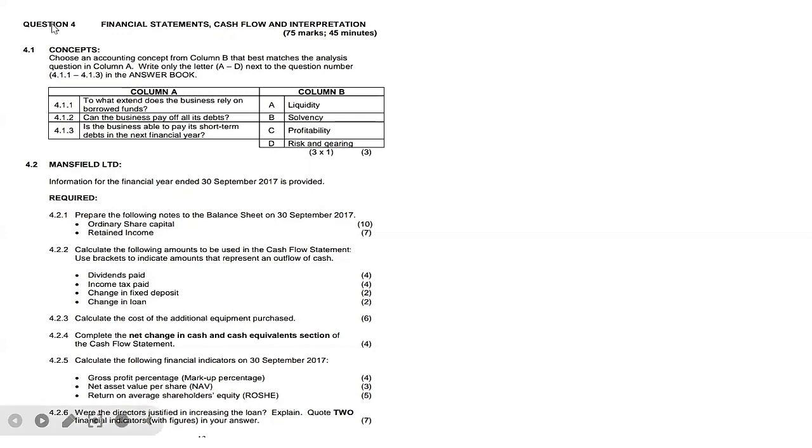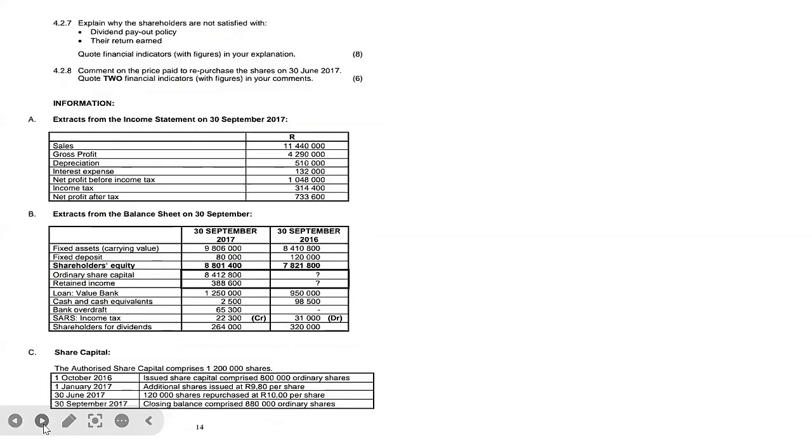Right. When we look again on our next page, you have the information, right? So now the question was for you to calculate your dividends paid. So now dividends paid, the format, it's balance at the beginning.